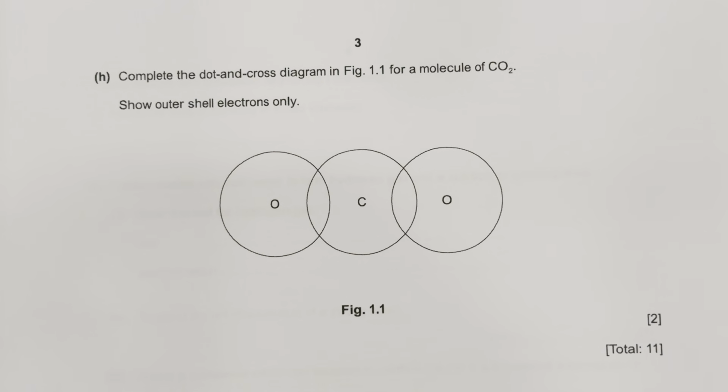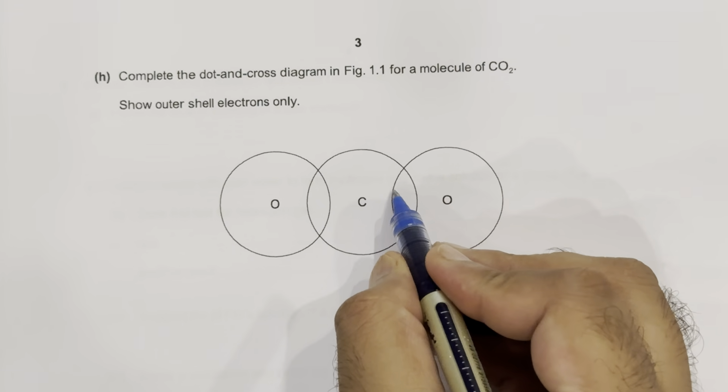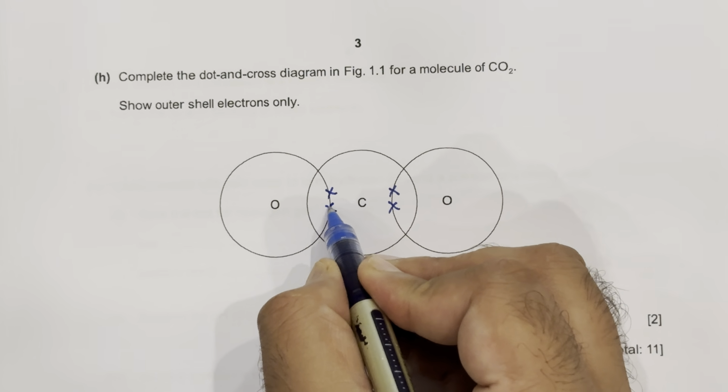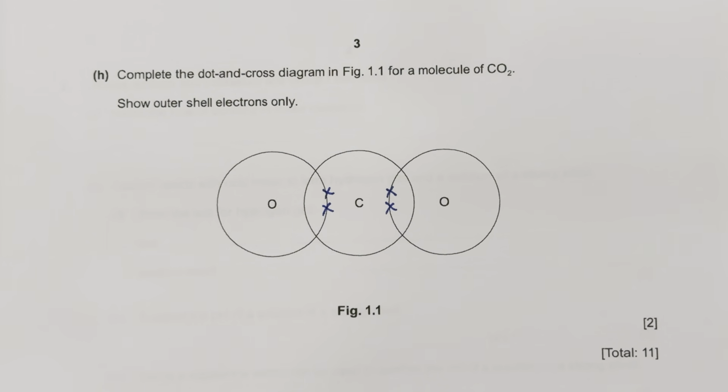Complete the dot and cross diagram in figure 1.1 for the molecule of CO2, showing the outer electrons only. Okay, we need to show only the outer electrons. We know that carbon has 4 electrons in its outermost shell and oxygen has 6 electrons.